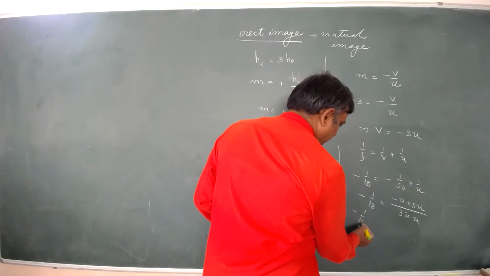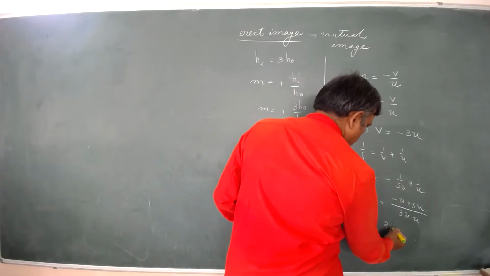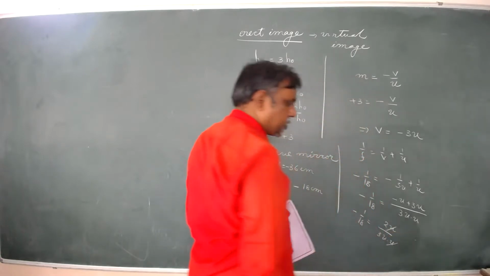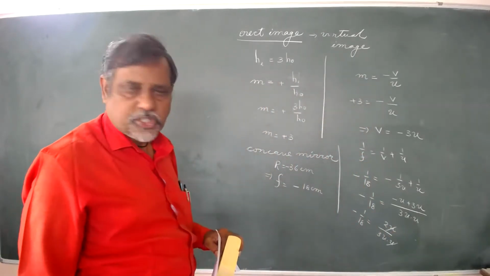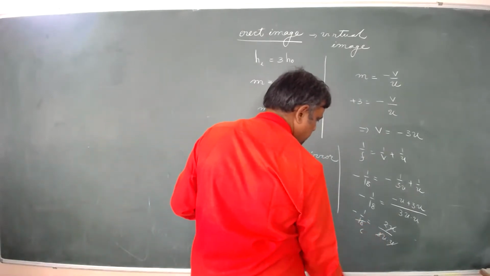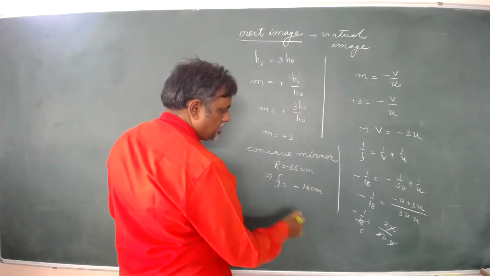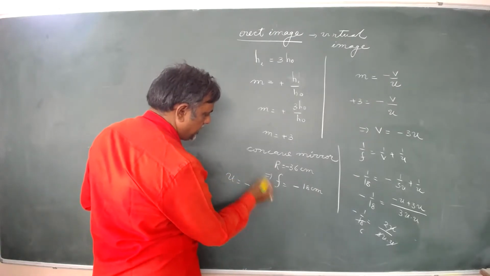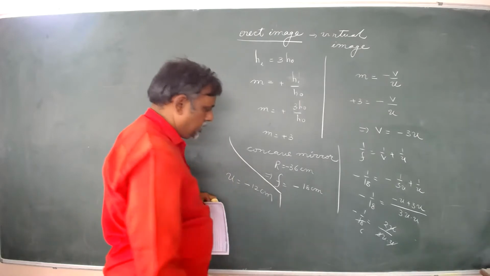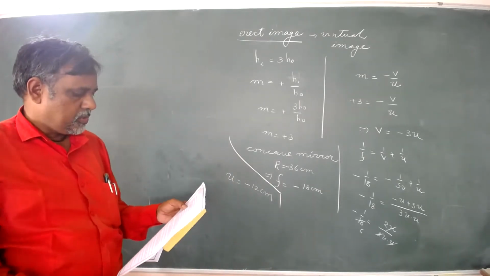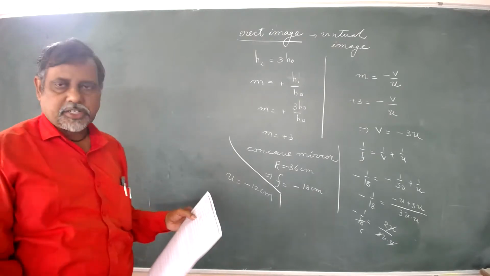So minus 1 by 18 is equal to 2 by 3u. By cross multiplication, this can be cancelled 6 times. Therefore, u is equal to minus 12 centimeter.